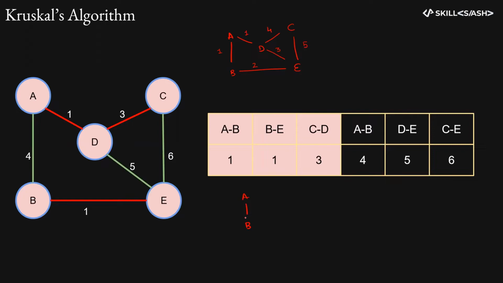Then I'll add AD. Now I'll add BE because it has weight 2, in increasing order 1, 2, 3. And now if I add this 3, am I making any mistake? Yes, I'm forming a cycle if you see over here.